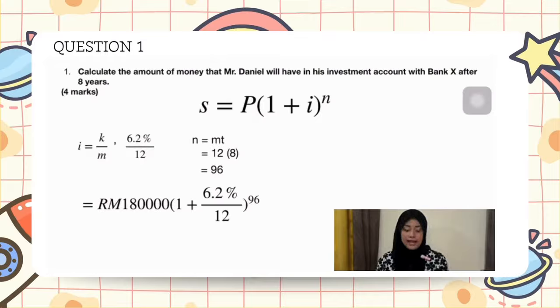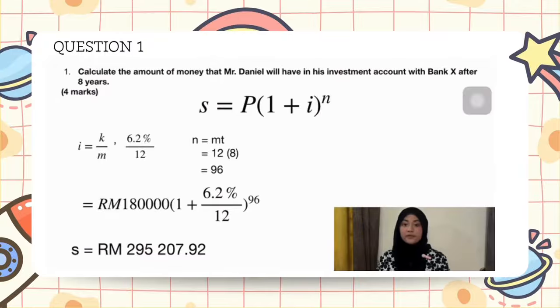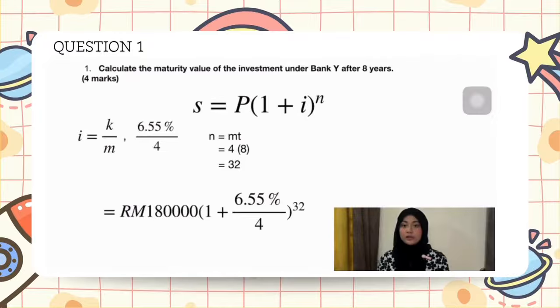As for our N equals MT, our M is 12 and our T is 8 because it's 8 years, equals 96. To substitute in the formula, our P is 180,000, (1 plus 6.2% per 12) to the power of 96. And we got S equal to RM 295,207.62.